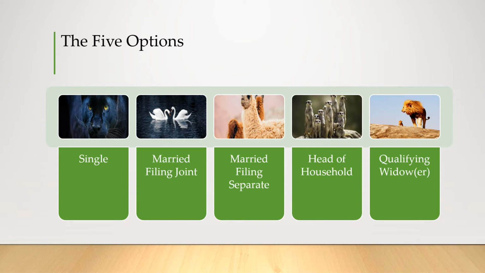Married individuals also have the option of filing separate, married filing separate. And then there are 2 special filing status categories that taxpayers may be able to claim if they are supporting other qualified individuals. Those are head of household and qualifying widow or widower.